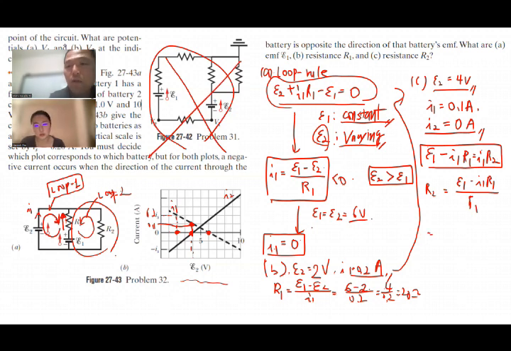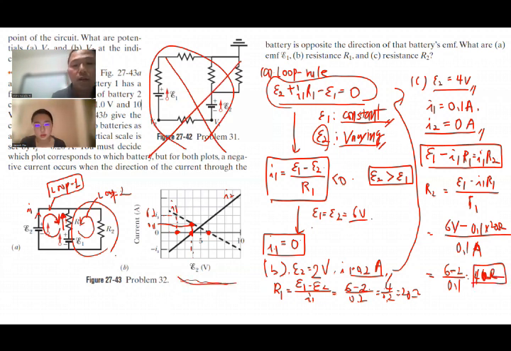Right. So E1 is 6 volt constant value, and I1 is 0.1, and R1, we already found from B, that's 20 ohm. And I1 is 0.1 amps from the graph. So you plug in all the numbers, then that should be 6 minus 2 over 0.1. So that is 40 ohms. So R2 is 40 ohm.